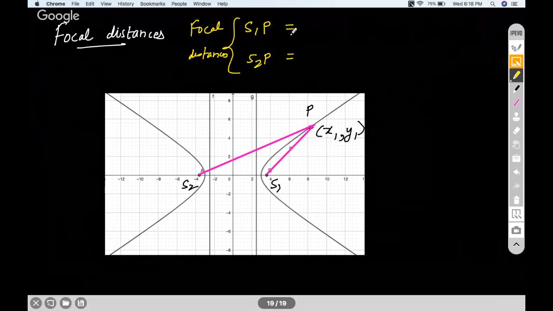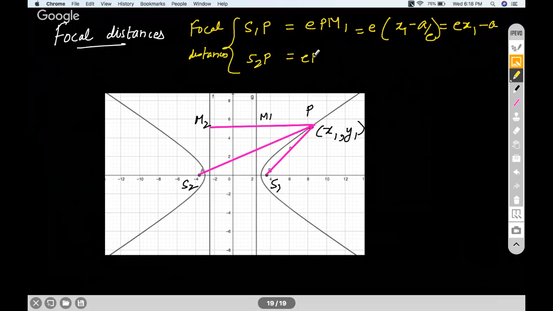Now S1P can be found out very easily because let's say I drop a perpendicular over here and I call this M1 and I call this M2. S1P is E times PM1, which is going to be E times (X1 minus A by E). That is going to be EX1 minus A.